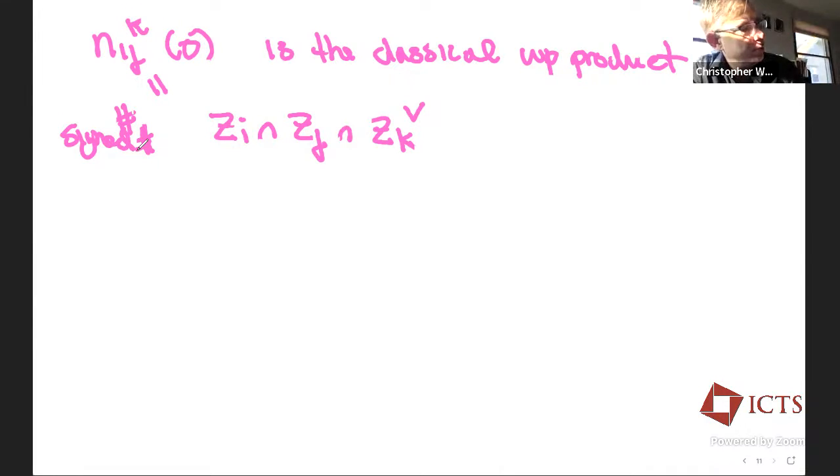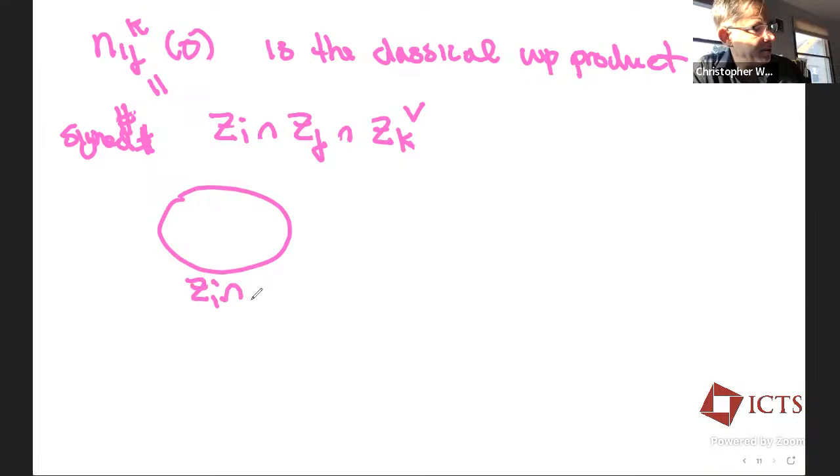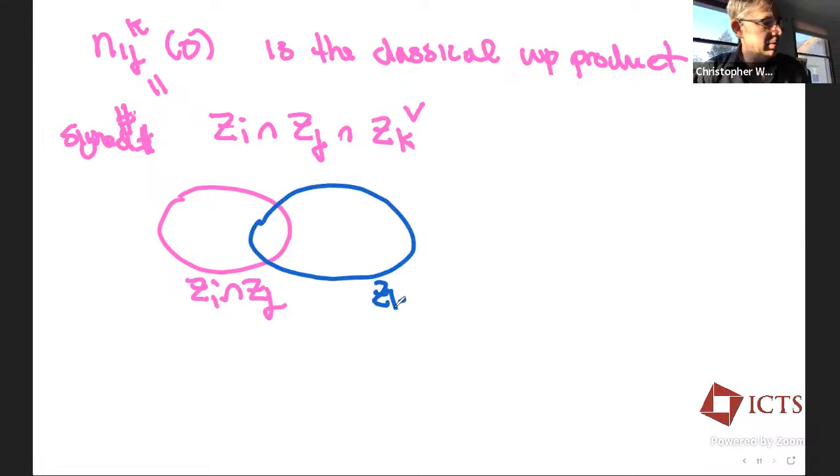But what do the signs mean in this case? Well, it could be that Z_i intersects Z_j looks like this, and then Z_k dual looks like this. Then there would be two intersection points. One of them would occur with a plus sign, and one with a minus sign.